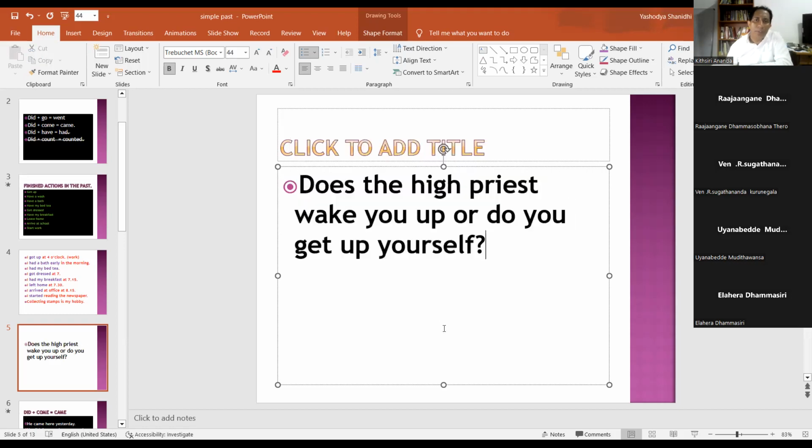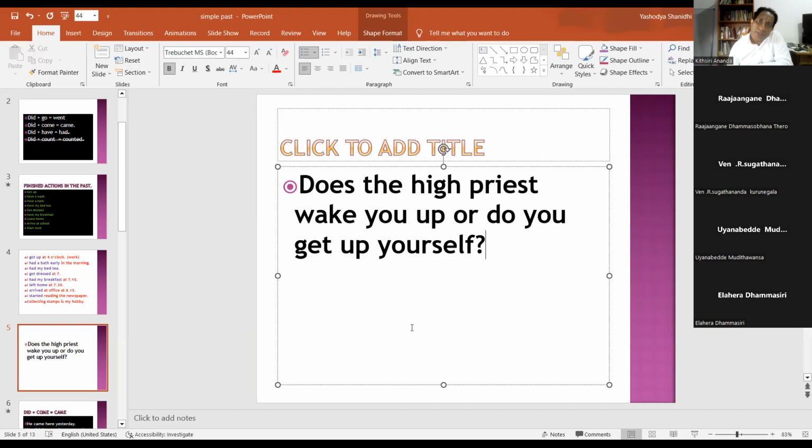Can you see the example? Does the high priest wake you up, or do you get up yourself?